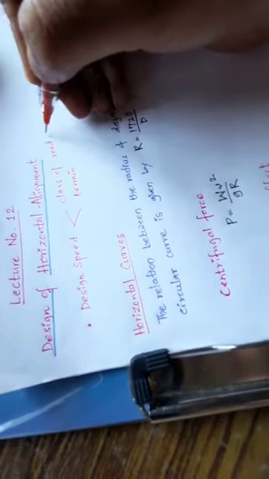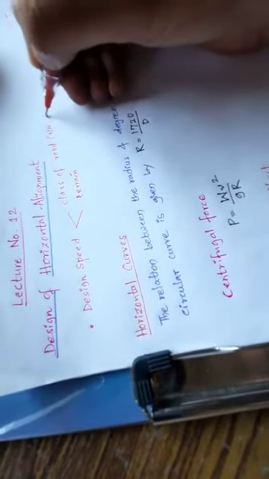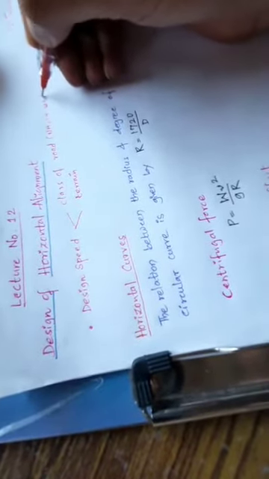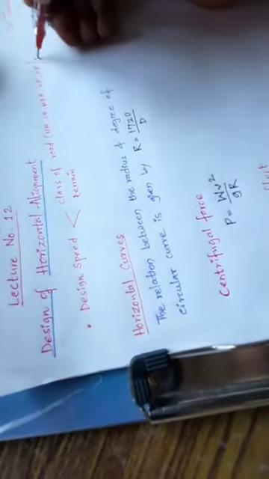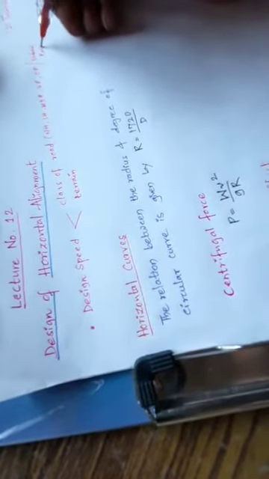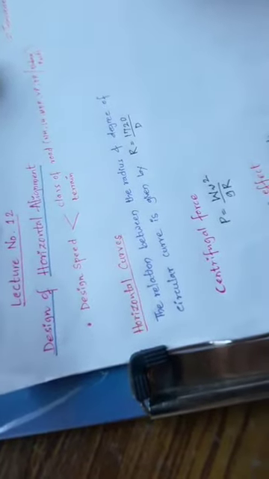The class of road is national highway, state highway, MDR, VR, ODR, even the urban roads like arterial roads, sub-arterial roads, collector streets, local streets. These terrains are classified as plain terrain, rolling terrain, mountainous terrain, and steep terrain.